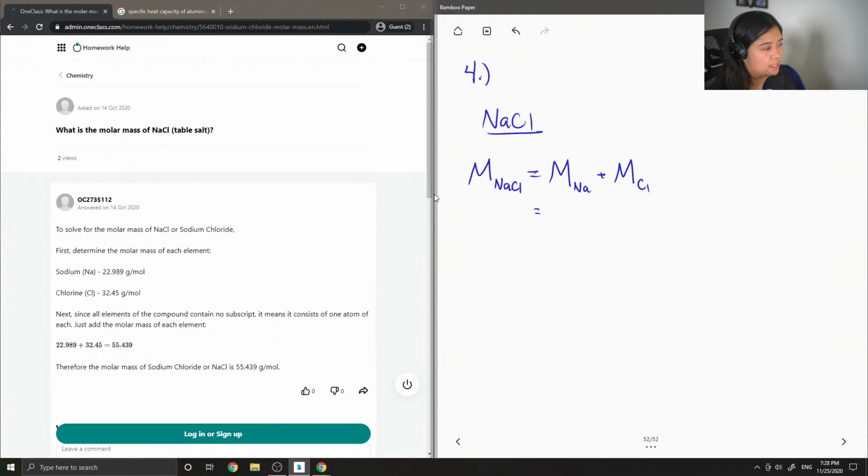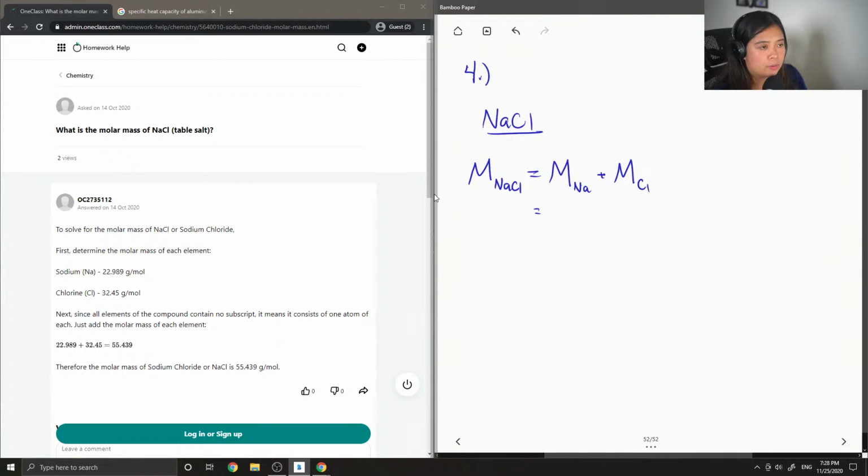We would simply just need to add up their 2 atomic masses, which you can just find on the periodic table. So the atomic mass of sodium is 22.99 grams per mole, and the atomic mass of chlorine is 35.45 grams per mole.